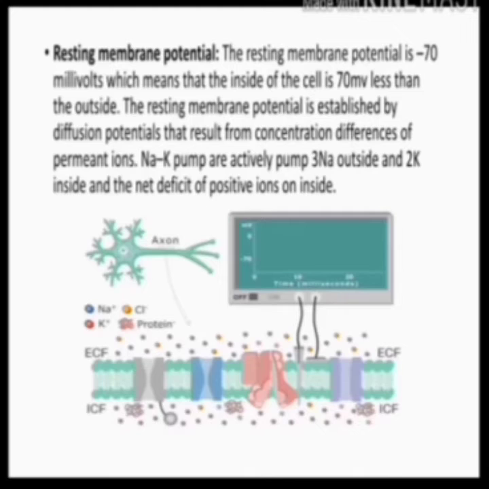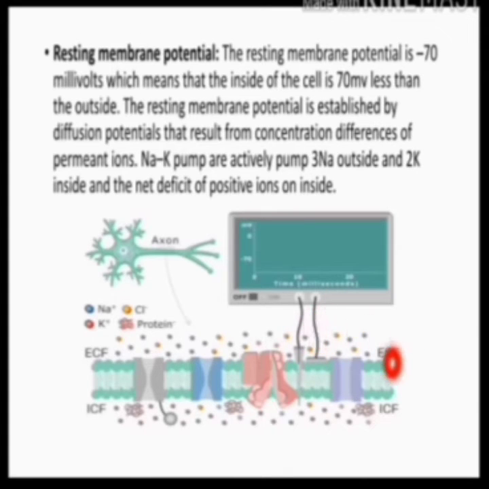Resting membrane potential. The potential which is about minus 70 millivolts, which means the voltage or potential difference present inside the membrane is less than minus 70 as compared to the outside. We see in this figure. First we talk about the solute or charged particle which is present outside as well as inside of the membrane.